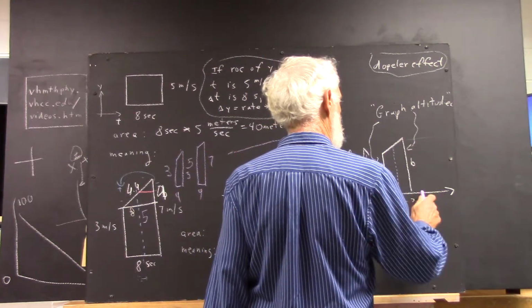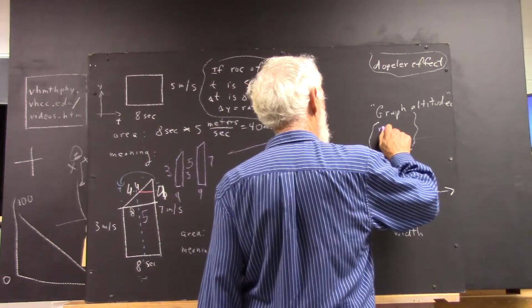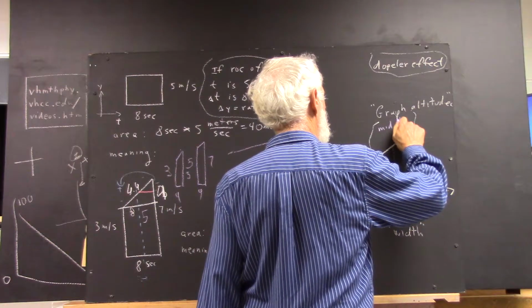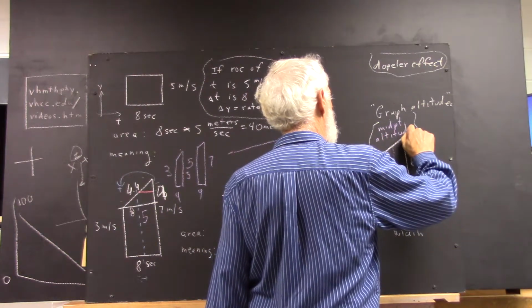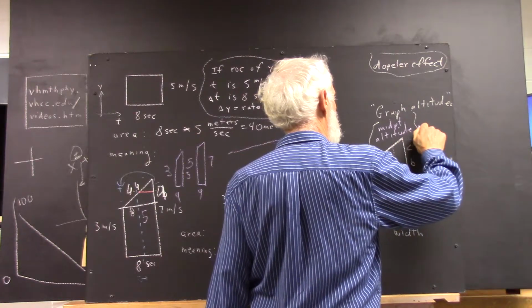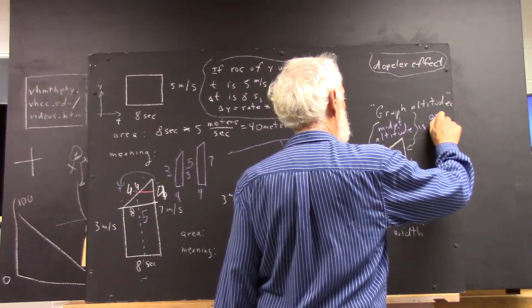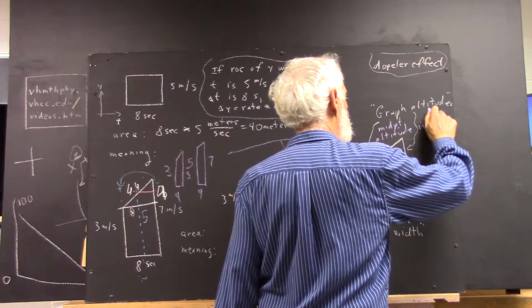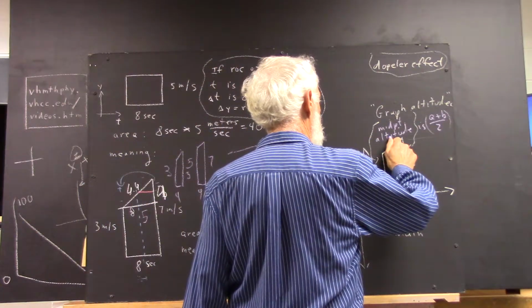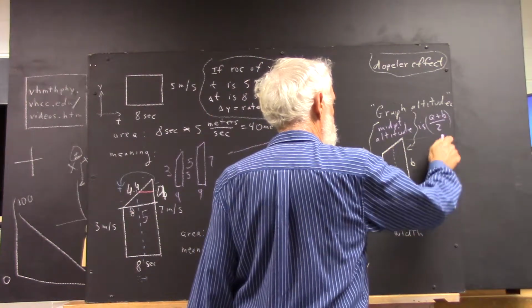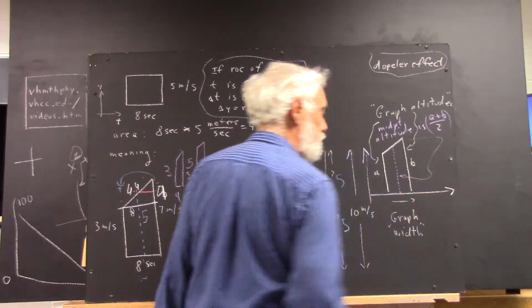So, A plus B equals C. C divided by 2. Okay, so your midpoint altitude is A plus B over 2. That's this.